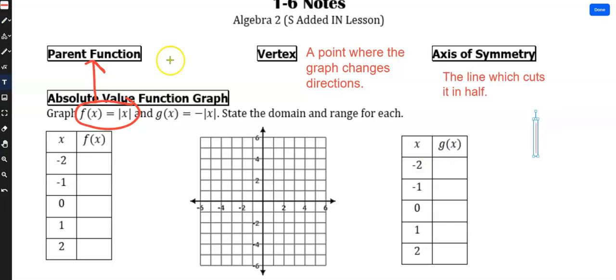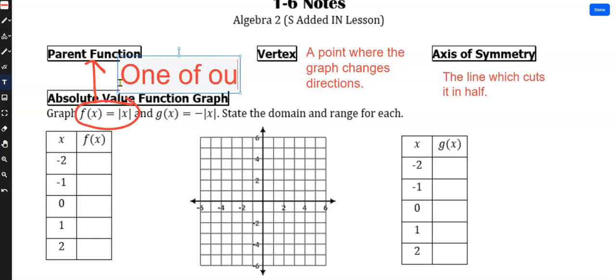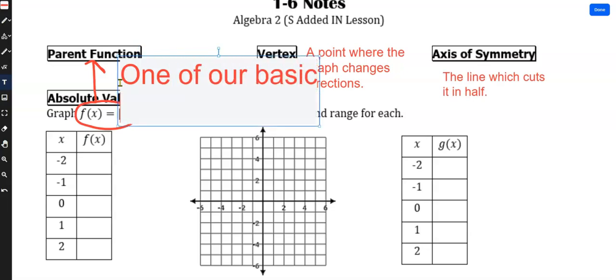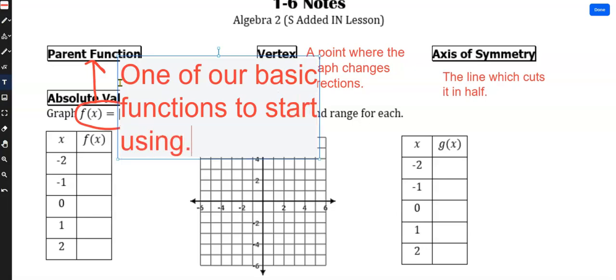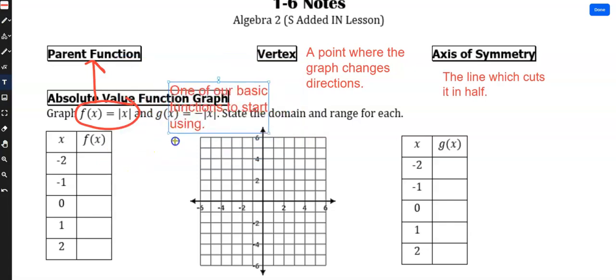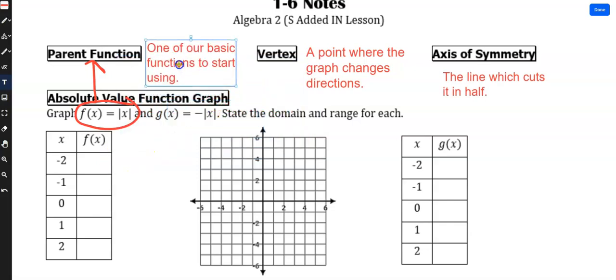Parent function is just your basic function, so maybe I should state that. In this case, we're using the absolute value function.